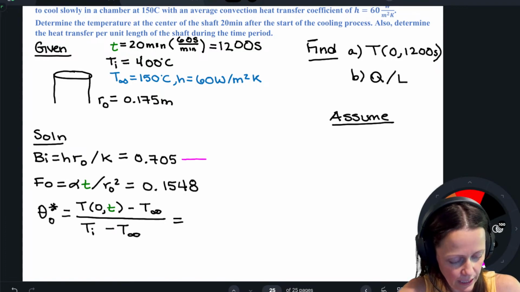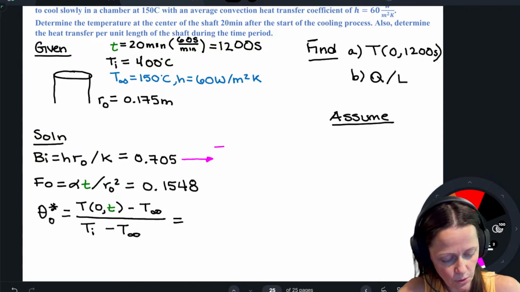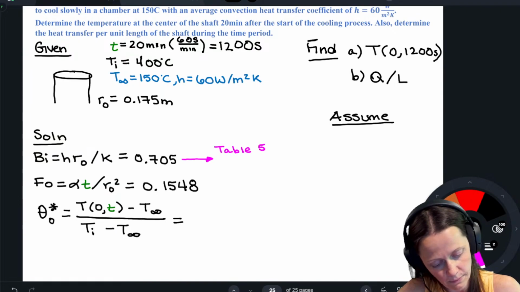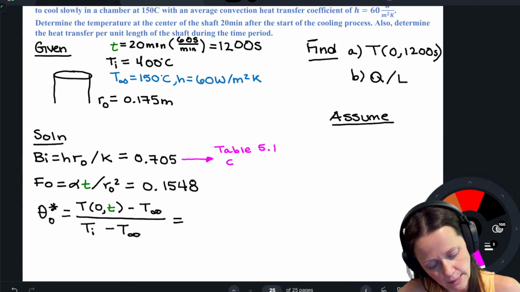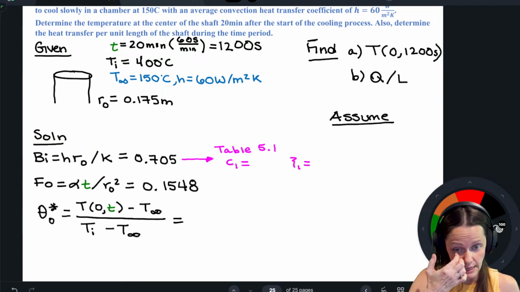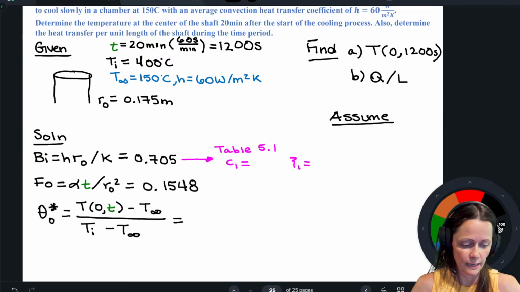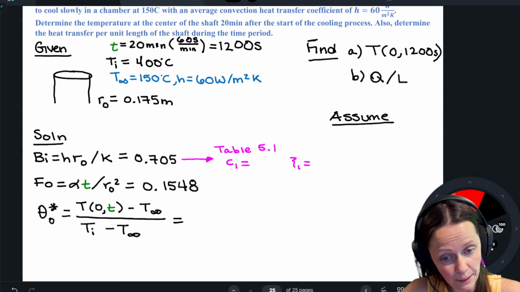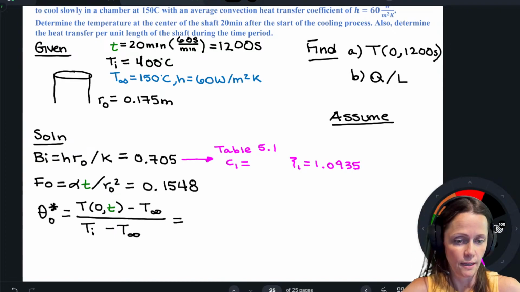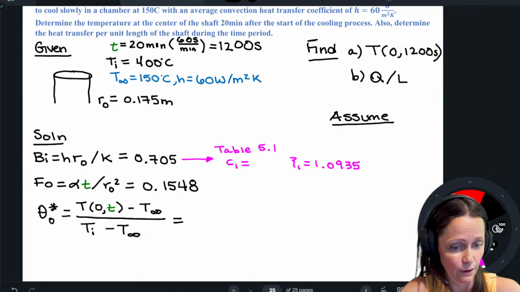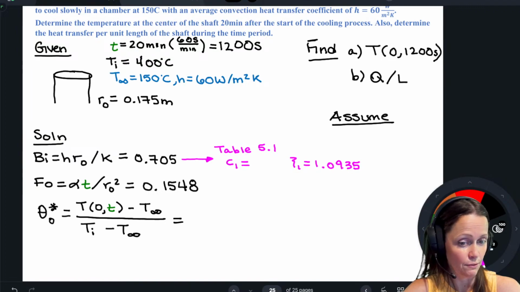I'm going to go ahead and get those values in my table 5.1, my C1 and my zeta 1. At 0.705, I end up getting for zeta 1.0935, and for my C1 value, 1.1558.